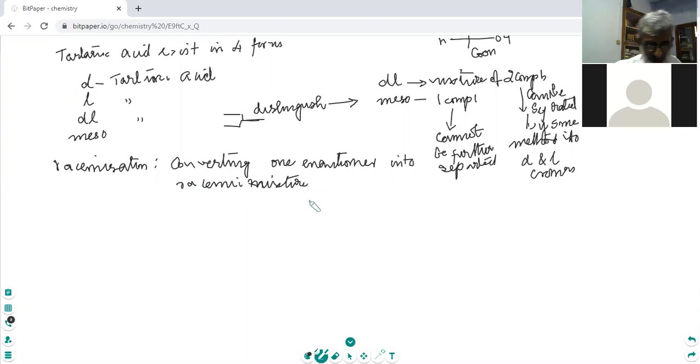Okay. Now we will take up an example. Let us take D-lactic acid.